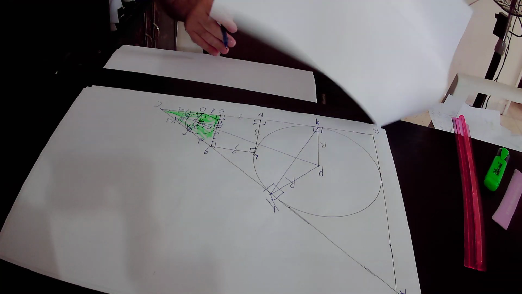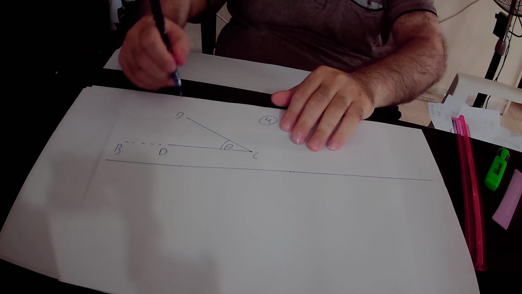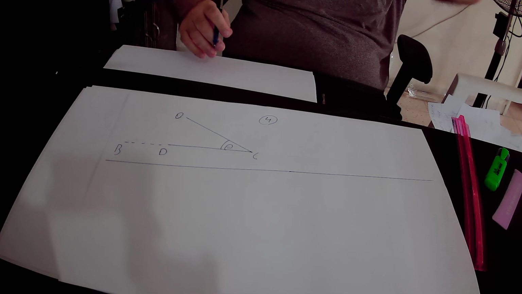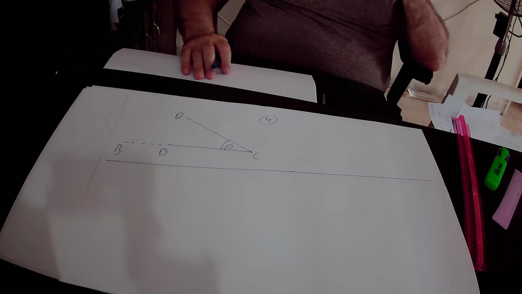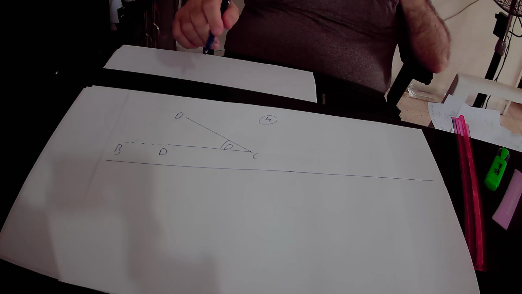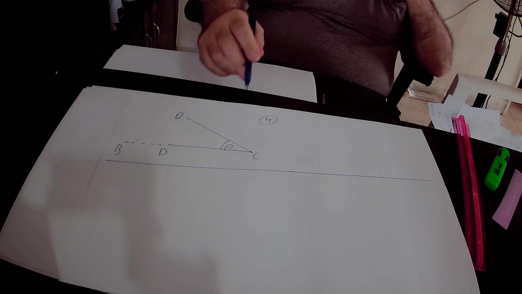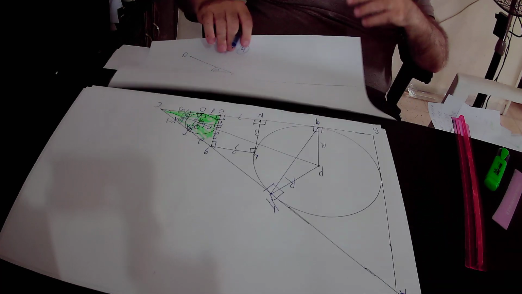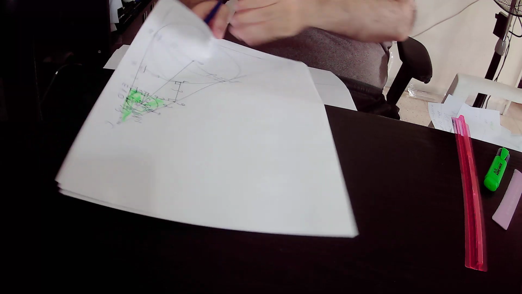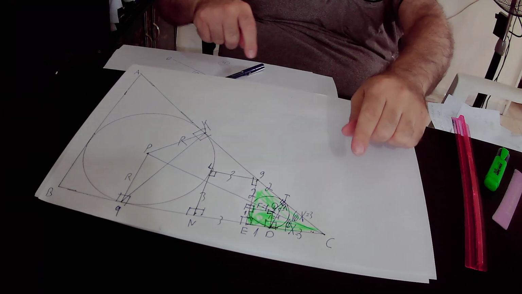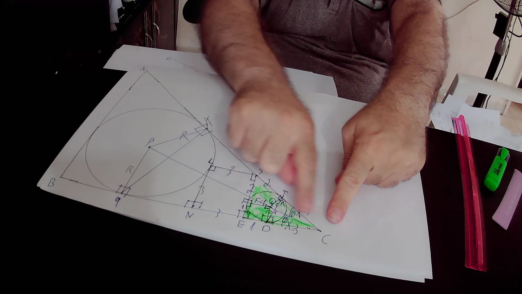So according to our assumption that CO doesn't pass through point P, we have angle OCD equal to theta, and it is very easy to see from the drawing that CD is part of CB.